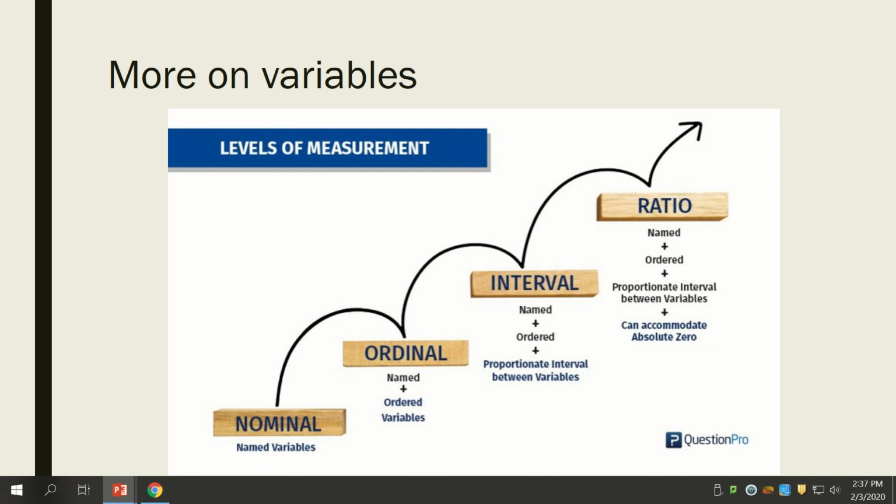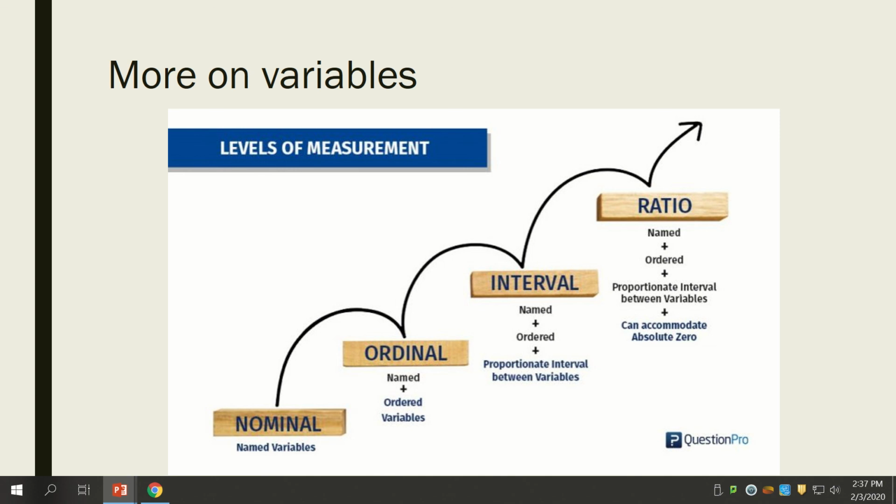So if I only tell you their order of finishing, there's no equivalent interval between those. Is everyone good with this? That makes sense? Now, ratio is named, ordered, proportionate variables, and have a 0.